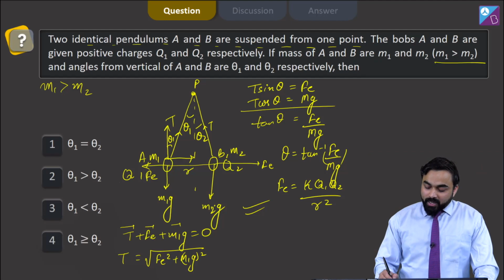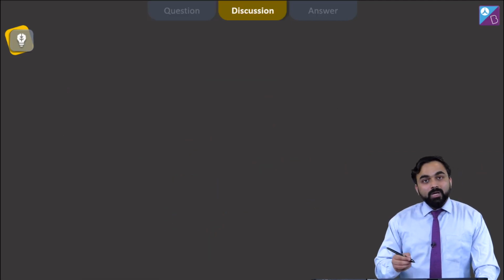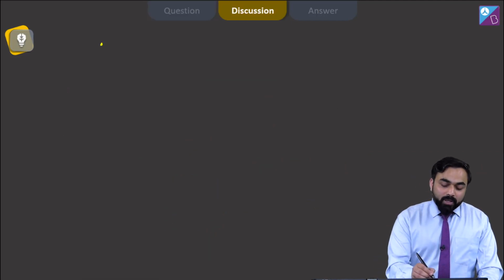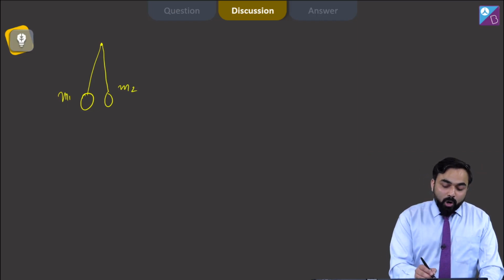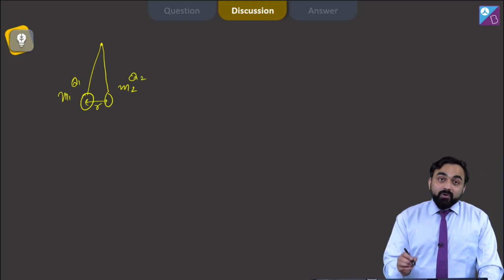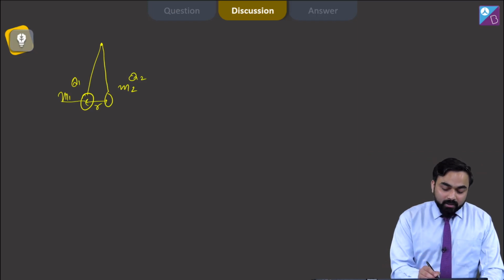So for m1 greater than m2, let us suppose a case where from a point these two bobs are suspended. This is m1 and this is m2. Now on these two bobs, as they are carrying charges q1 and q2 and placed at a distance r from one another, there will be the same force acting on both the charges A and B.